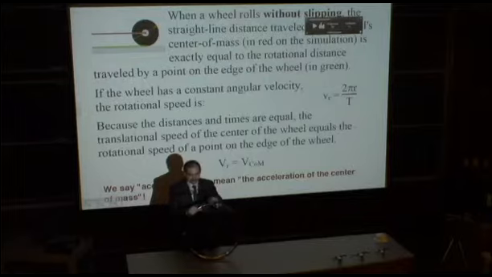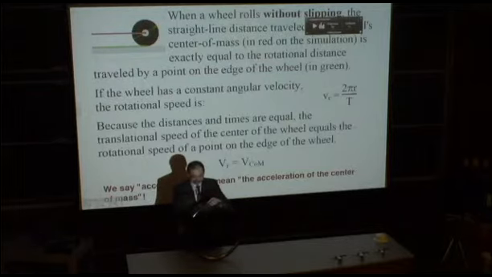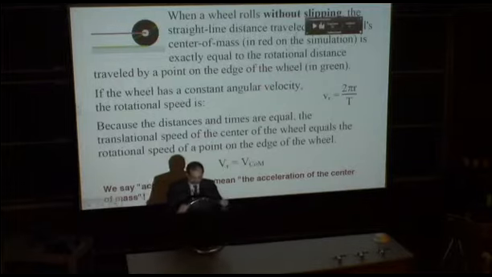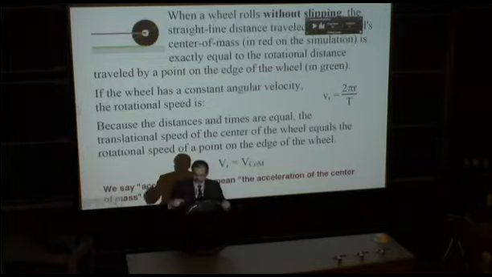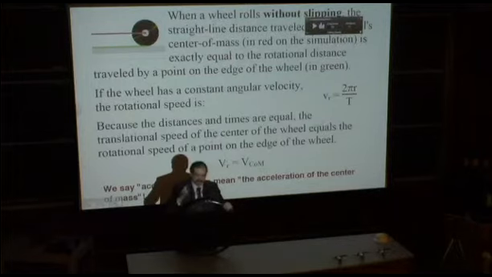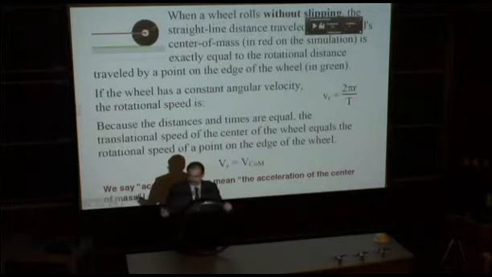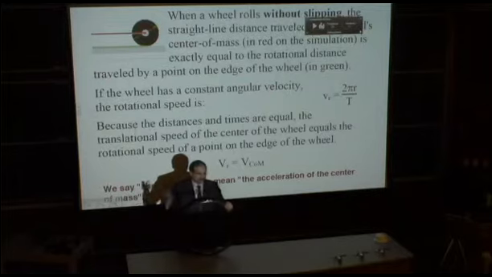Exactly the same. Imagine that it's like a tape rolls off. So the distance traveled by this point relative to this axis is equal to the distance traveled by the center relative to the ground. If distance is the same, distance over time, velocity, is the same, velocity over time, acceleration is the same.